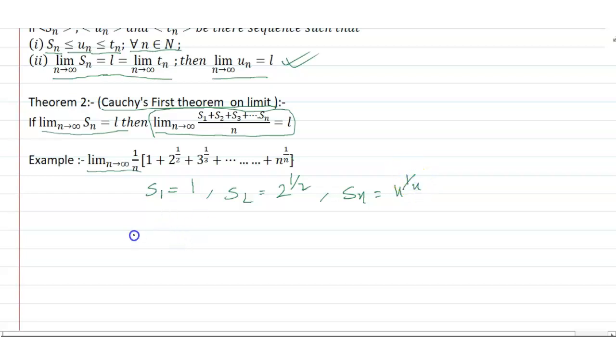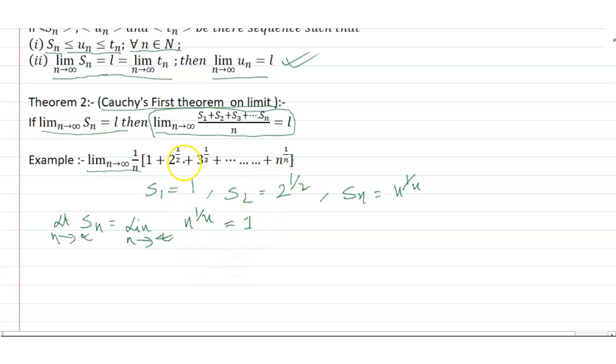Now, we have to find out limit n tends to infinity n to the power 1 by n. So friends, this is Sn. Limit n tends to infinity Sn equals n to the power 1 by n equals 1.